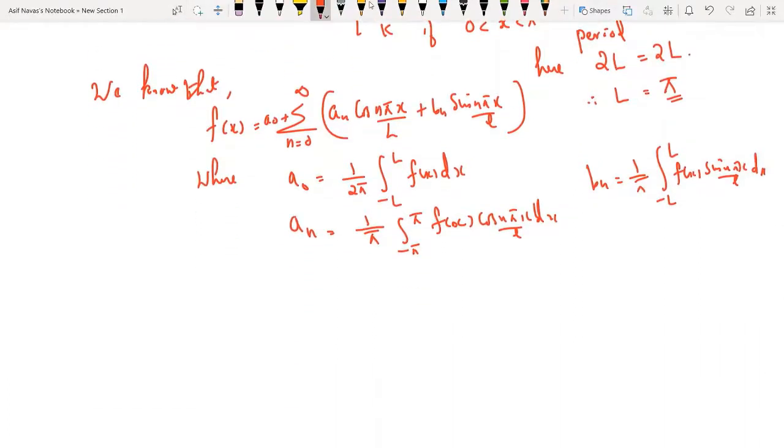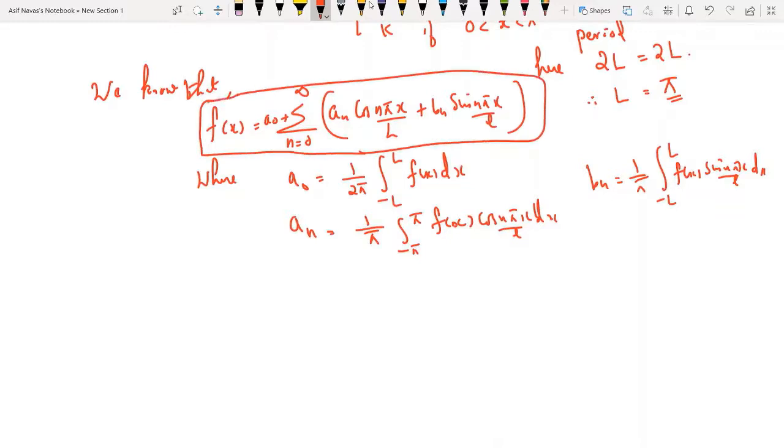So first we want to find out this expansion. So here L is equal to pi. Therefore first we will find out a naught. So a naught is equal to, by definition, 1 by 2 pi integral minus pi to pi f of x dx.